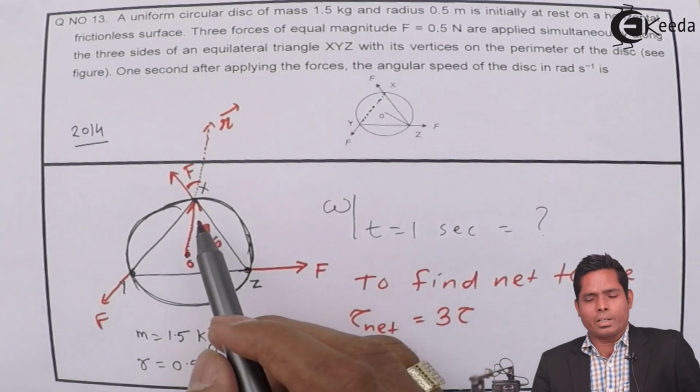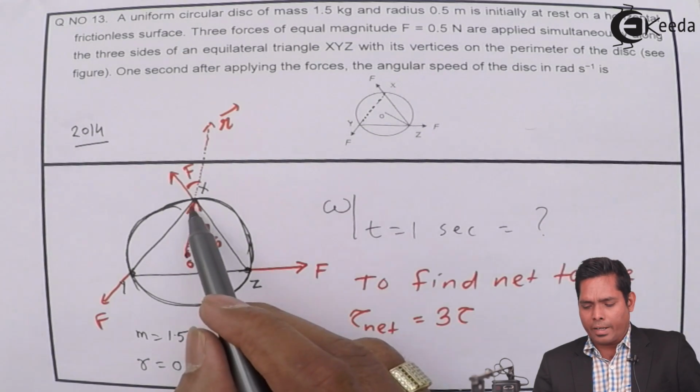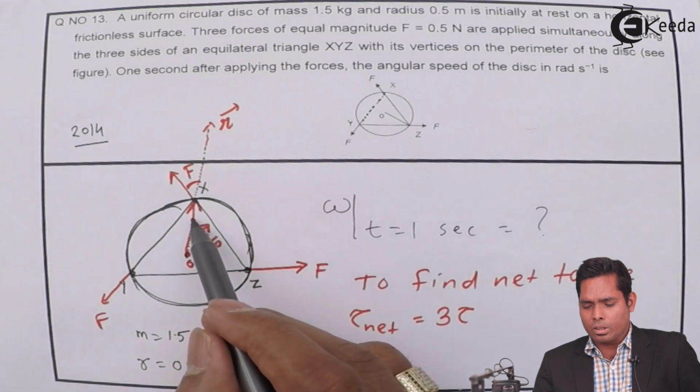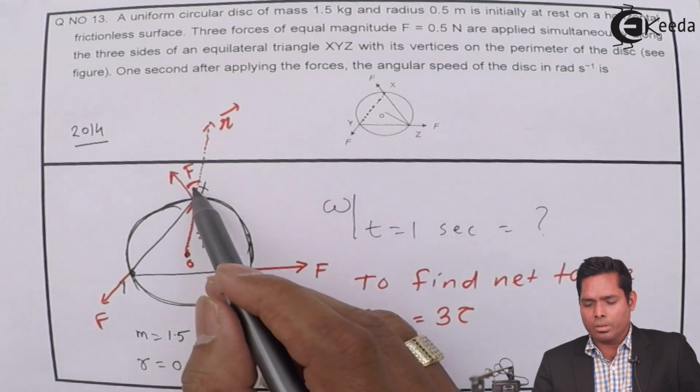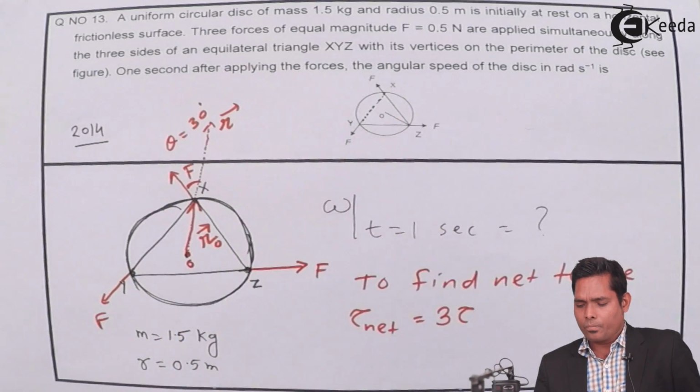Now because this is an equilateral triangle, this angle is 60, and r bisects the angle, so it will be 30, and this is 30, so this will also be 30. So theta is coming out to be 30.